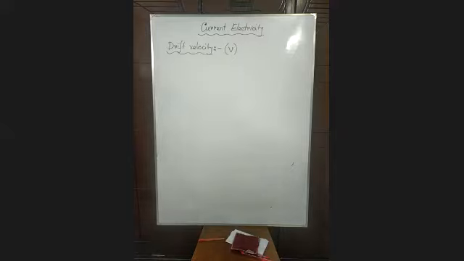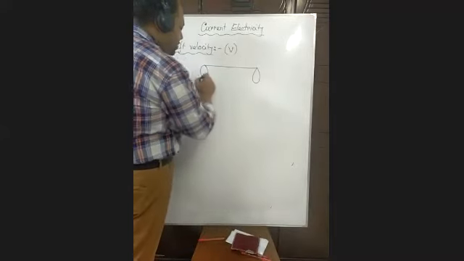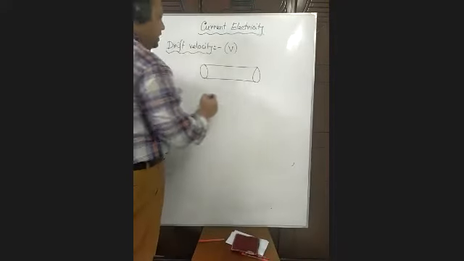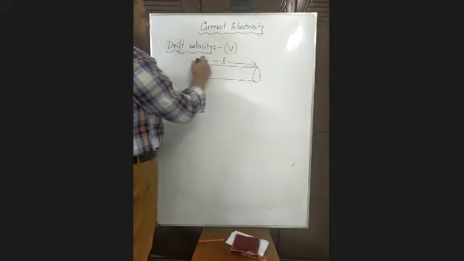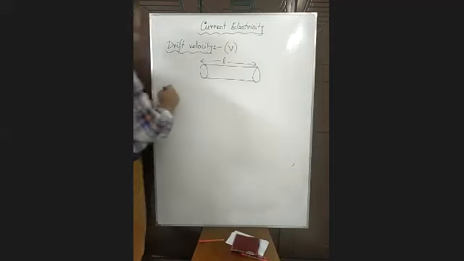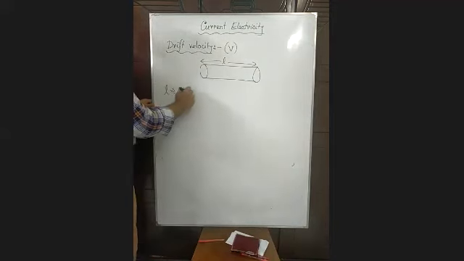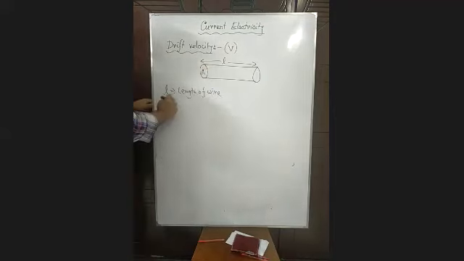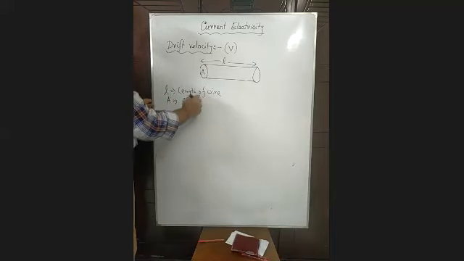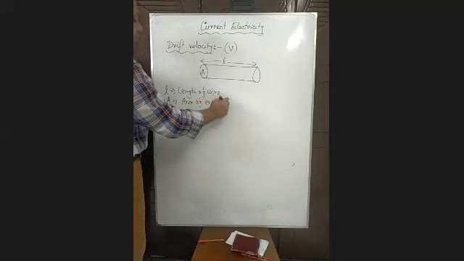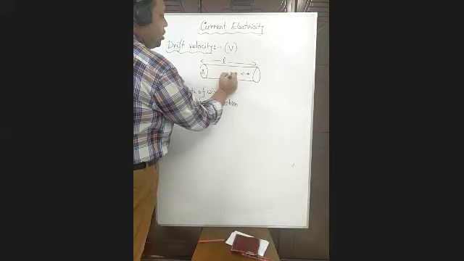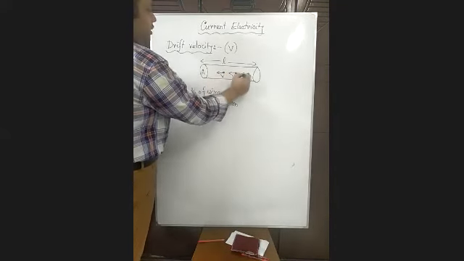So now, if we want to get the equation for drift velocity, we will draw a figure like this, where we say that L is the length of wire, A is the area of cross section, and these are the electrons, going with the drift velocity v.